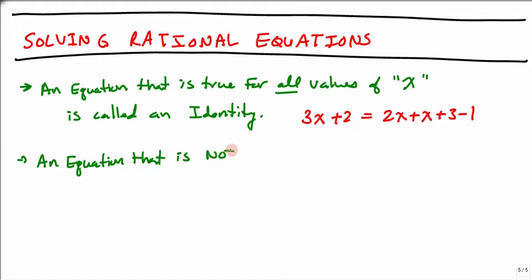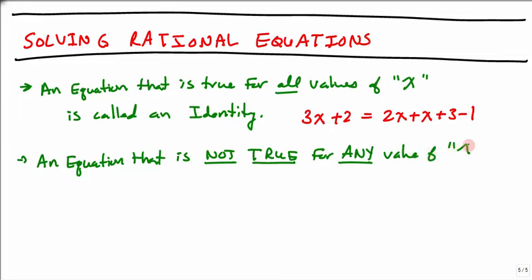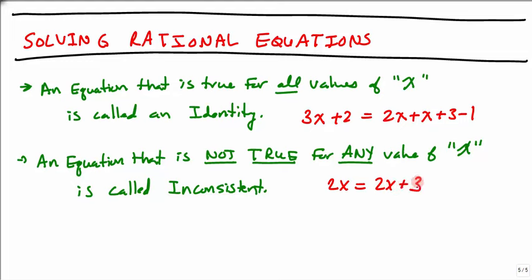An equation that is not true for any value of x is called inconsistent. It's called an inconsistent solution. An example of this would be something like 2x equals 2x plus 3.